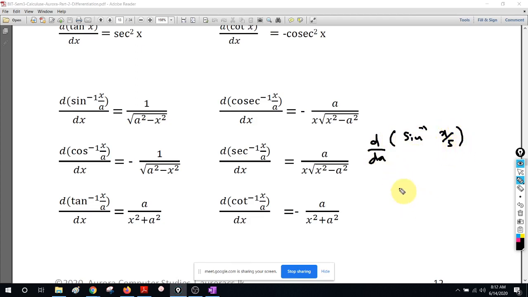So what is the answer? 1 over square root of 5 squared minus x squared. So that is the answer. Right? So then they might ask d by dx of sine inverse x over 5 plus cos inverse x divided by 5. Then you can add the summation rule. Likewise, you can do it. Okay. So those things I am not going to spend a lot of time on. Those are the easier things that you can just understand.